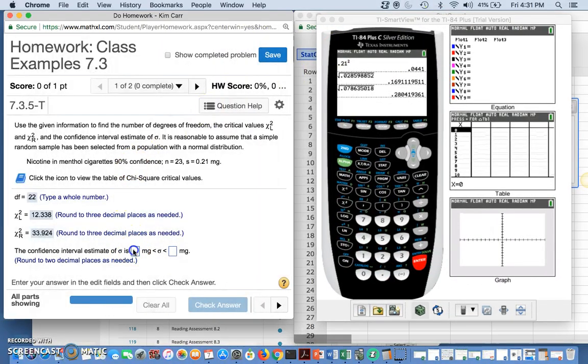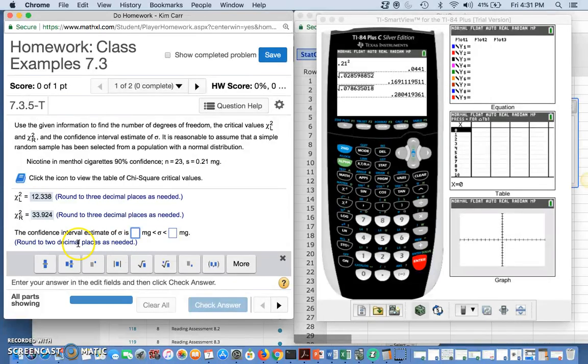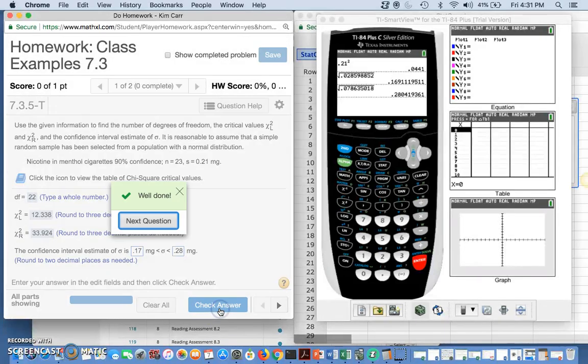So the lower one would be, these are two decimal places, so it would be 0.17. The upper one was the second number I got here. It is 0.28. Okay, and we had that correct.